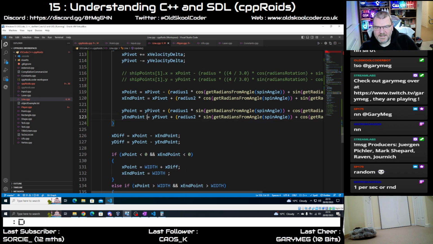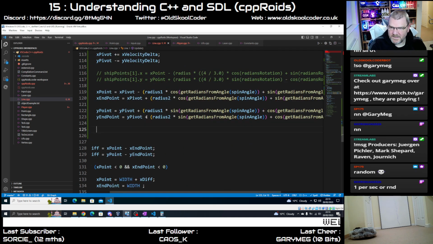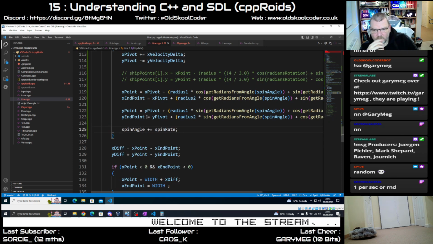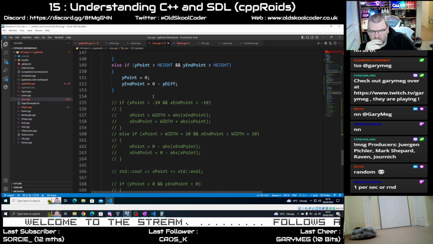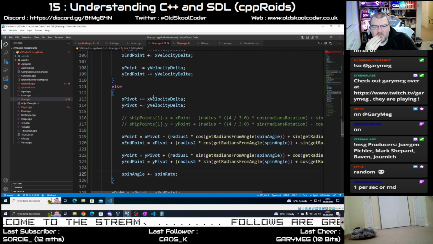So when we've worked out our angle, we need to update the spin angle. Right then.